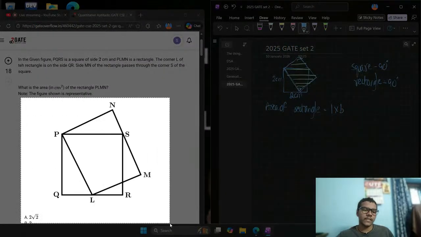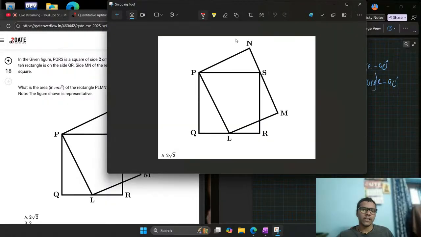So this and this are equal. If you think of this as theta, then this part will be 90 minus theta. And if this angle and this angle are the same, this is 90 minus theta, this is theta as well. So you know this is 2, and you need this one.